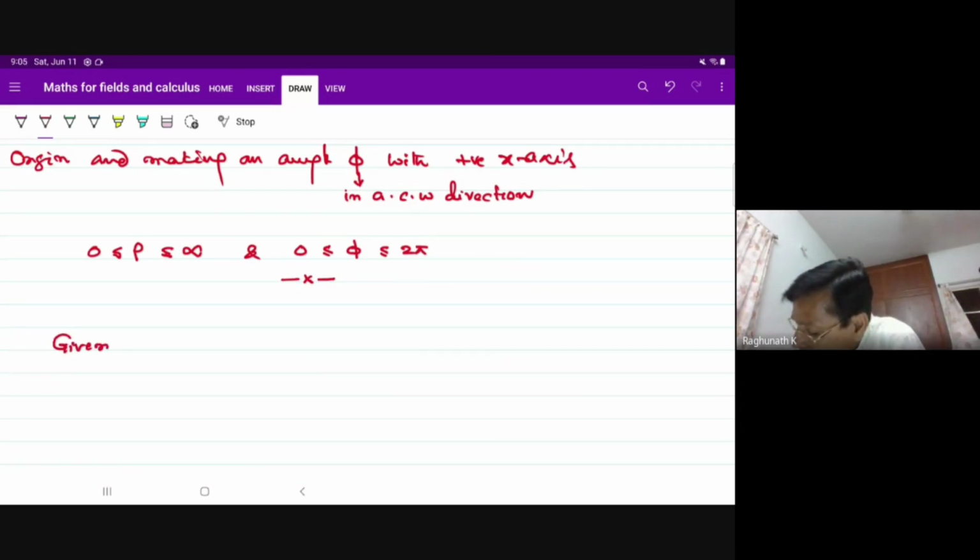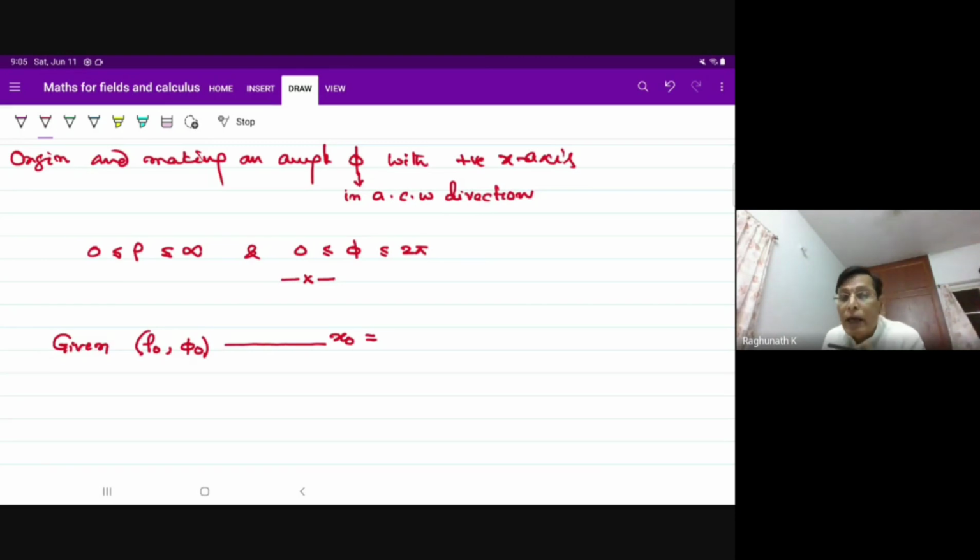Given ρ0, φ0, what is x0? Okay, ρ0, φ0 is r at an angle theta. What is the real part? X-axis is the real, x coordinate is the real part of it.